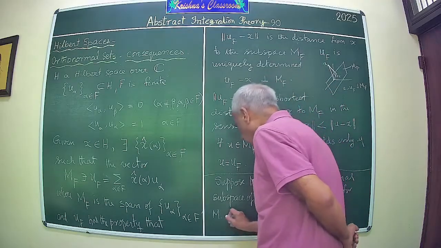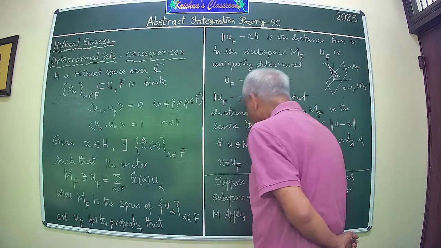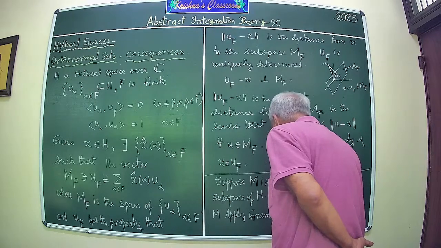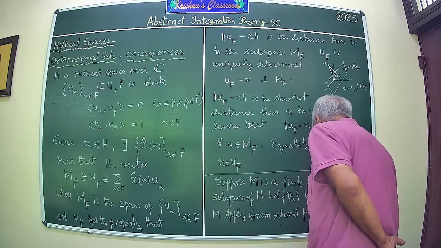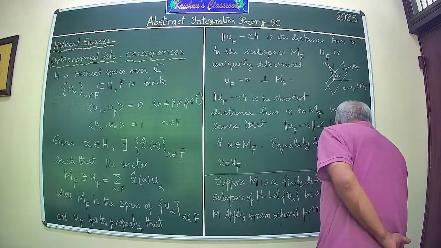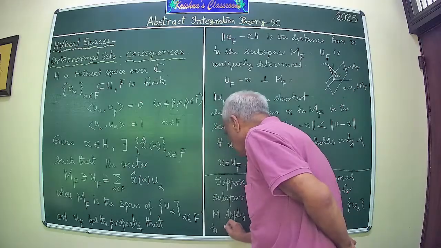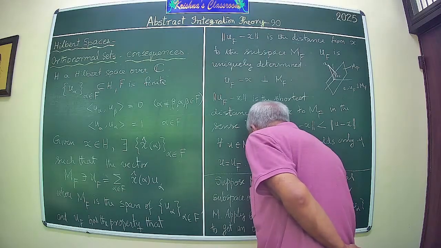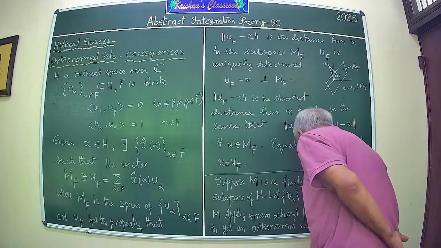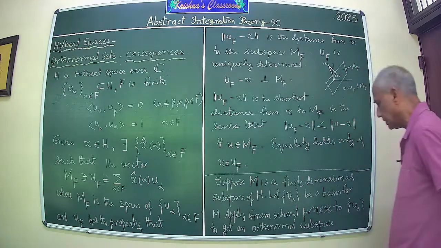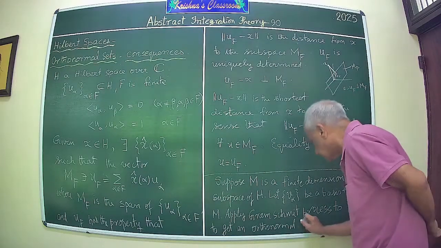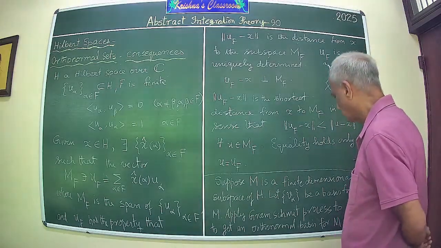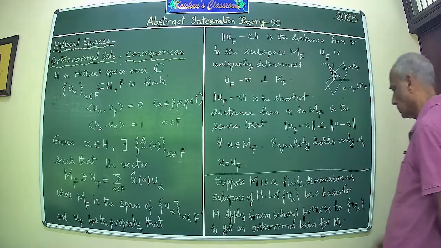Now apply the Gram-Schmidt process to U alpha to get an orthonormal basis V alpha.